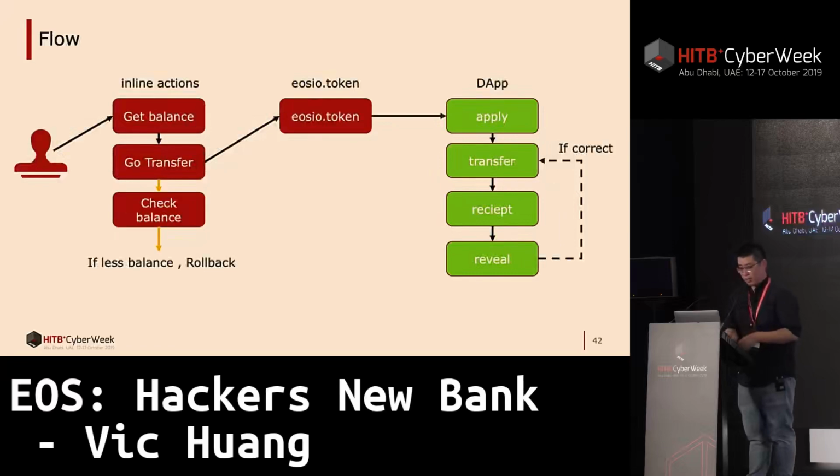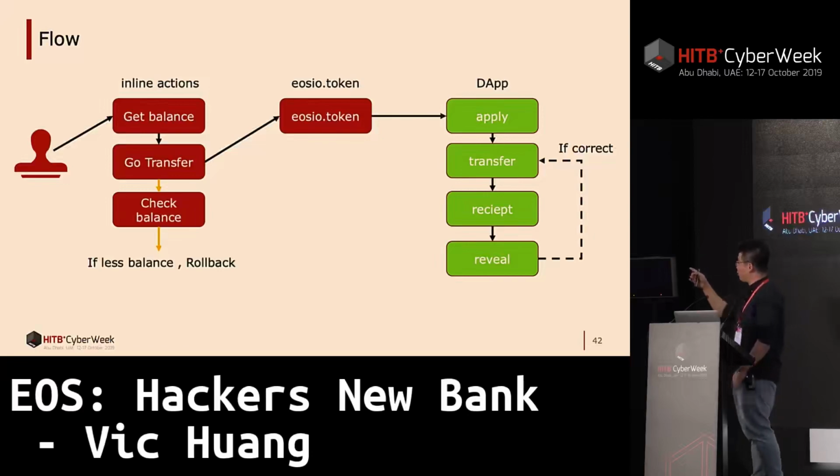So the whole flow is that we use an account, and first we get the balance to check my balance, and after that we call the EOS token to transfer EOS to the vulnerable DApp, and the DApp will apply the transfer and receive the receipt.